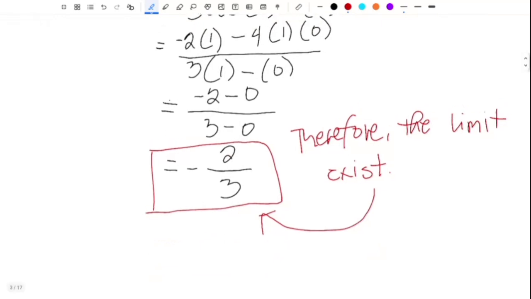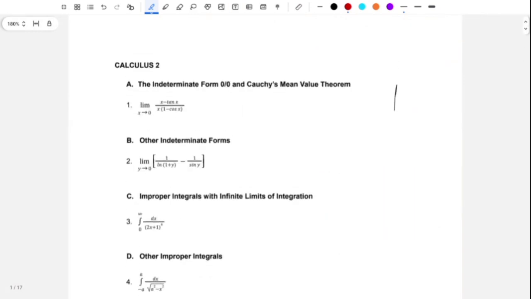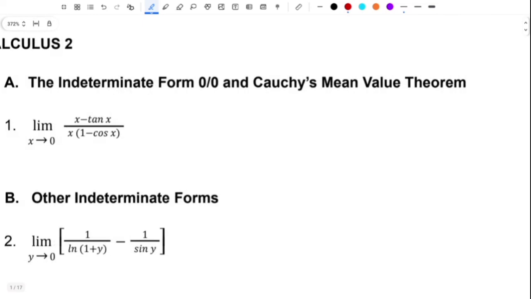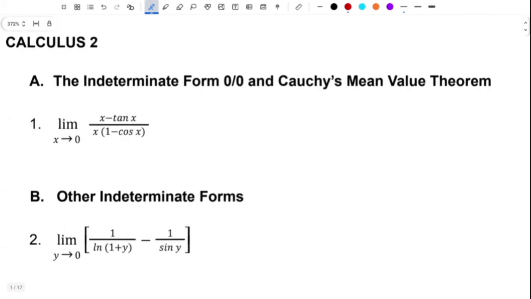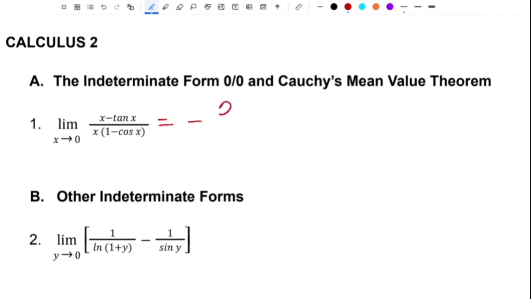Therefore, the limit exists. This is for our item number 1, which is all about the indeterminate form and the Cauchy mean value theorem. So the answer for this problem here is negative 2 thirds.